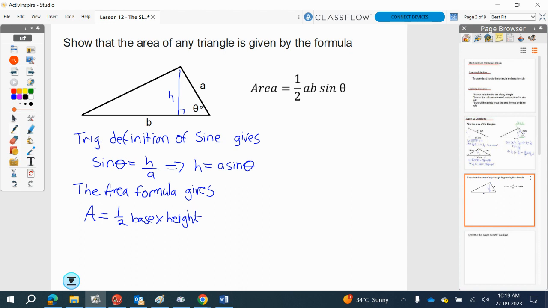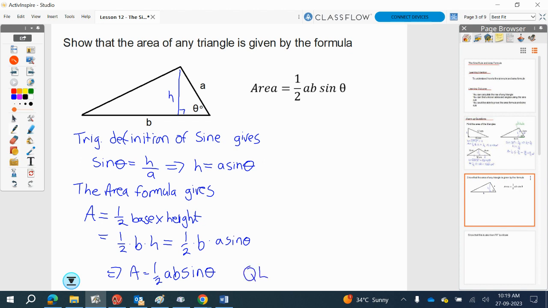So this is the one we have to use. Just be very clear. So that is going to give us a half times b times h, which is a half times b times, well, h we just calculated to be a sine theta. So this implies area is equal to a half ab sine theta.